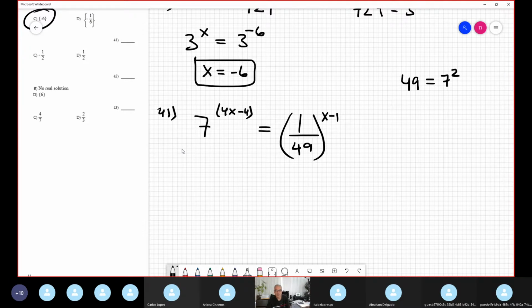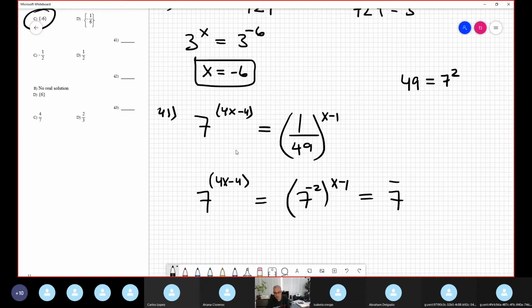The problem is that it's reciprocal, but it's okay. If it's reciprocal, it's negative. Then 7 raised to the 4x minus 4 equals 7 to the minus 2 times x minus 1. Okay, multiplication right now here.